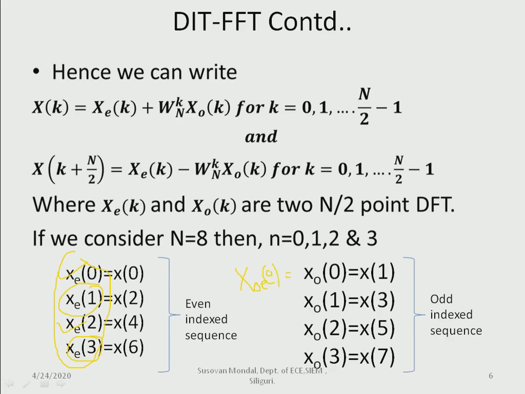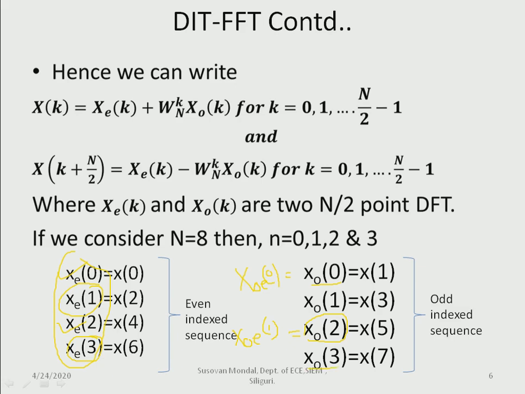So this is the even part, odd of even, and this is also the even indexed. So this is called x odd of even of 1. So we have a new sequence. This is odd of even. Now this is called odd of odd.